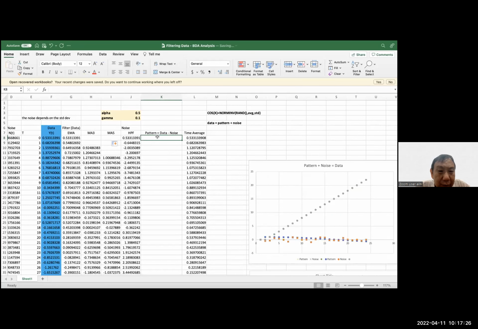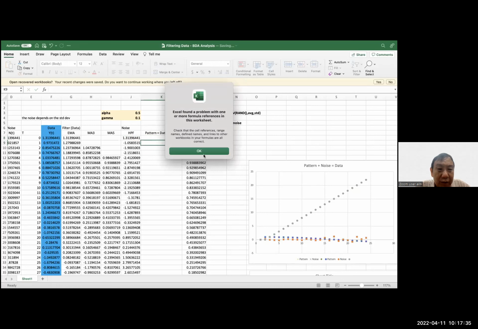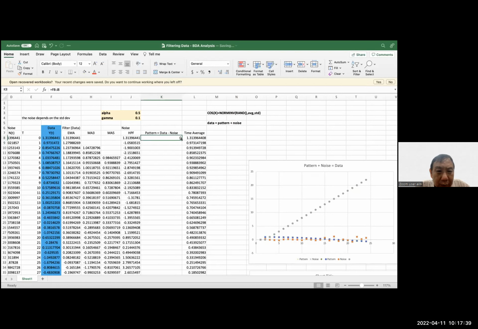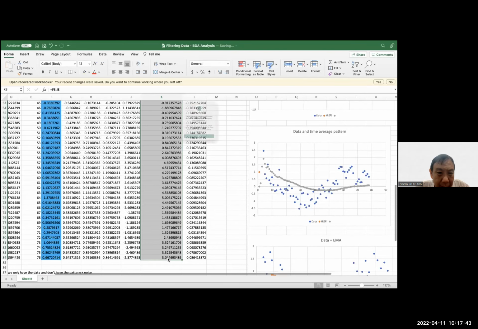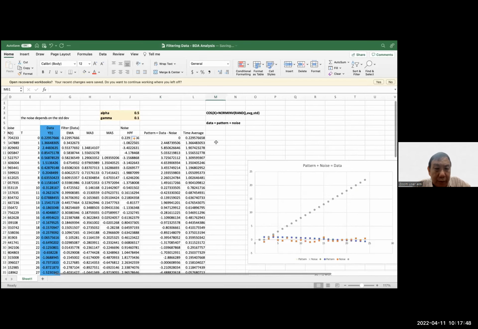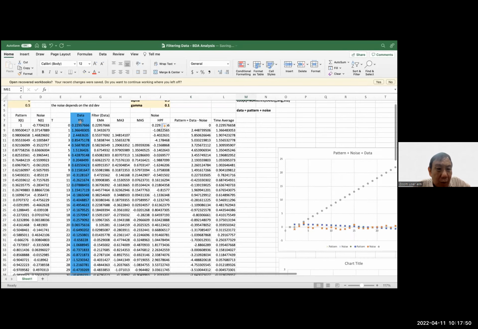And then pattern equals data minus noise. Okay. Remember the high pass filter represents noise. And then you can now plot the time.